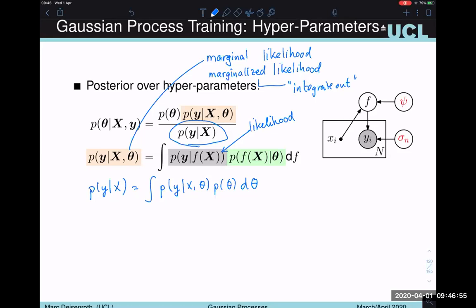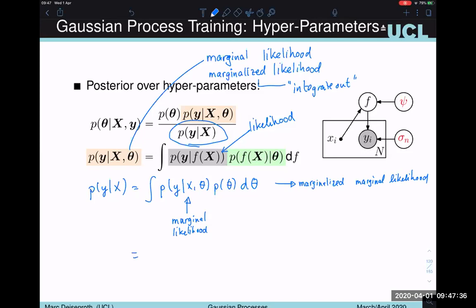So in that sense, what we integrate out here is already the marginal likelihood. This is a double marginalization, the marginalized marginal likelihood. It's a kind of marginal likelihood, but it requires solving two integrals.